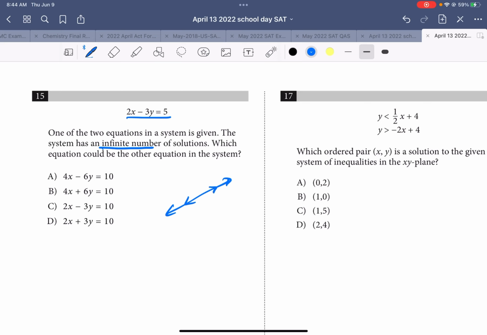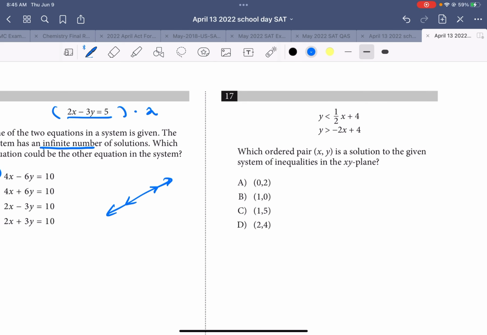So which one, by multiplying by a certain constant, will be the same? Let's say you multiply by 2, then I got A, because 4x minus 6y equals 10. A has to be the answer. The other ones you cannot make by multiplying by a certain constant.